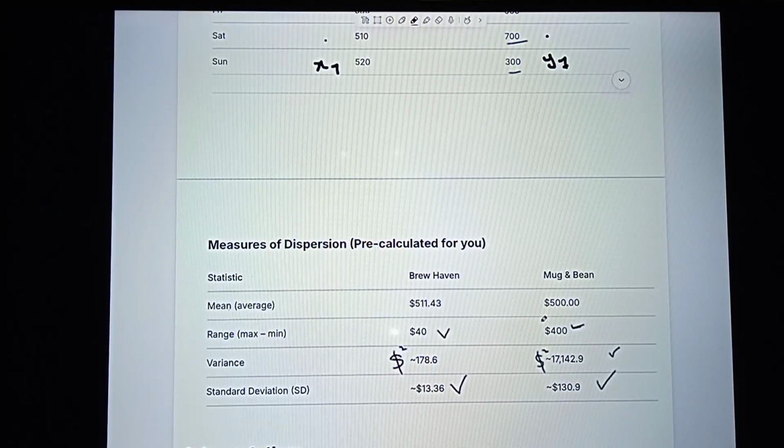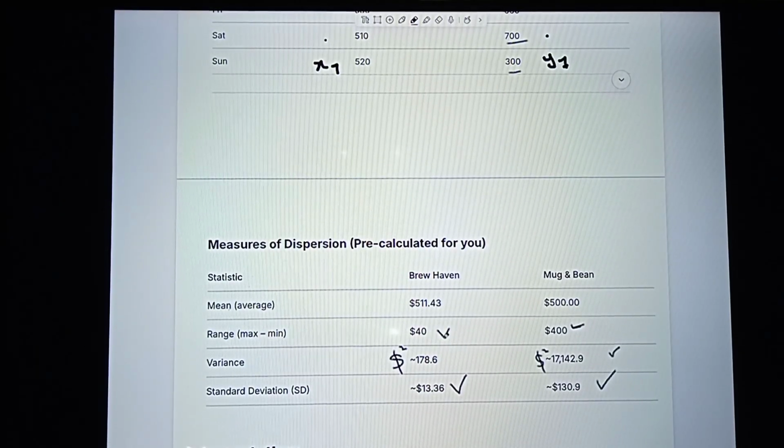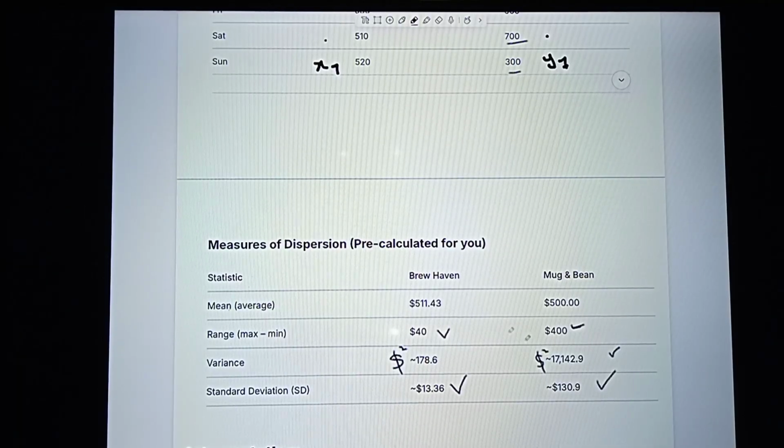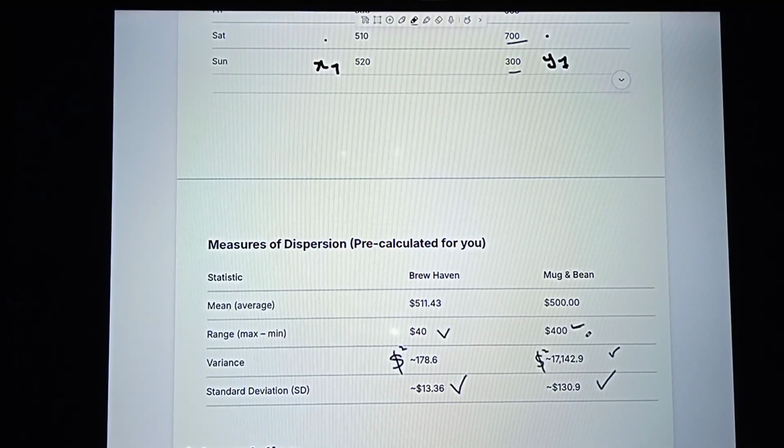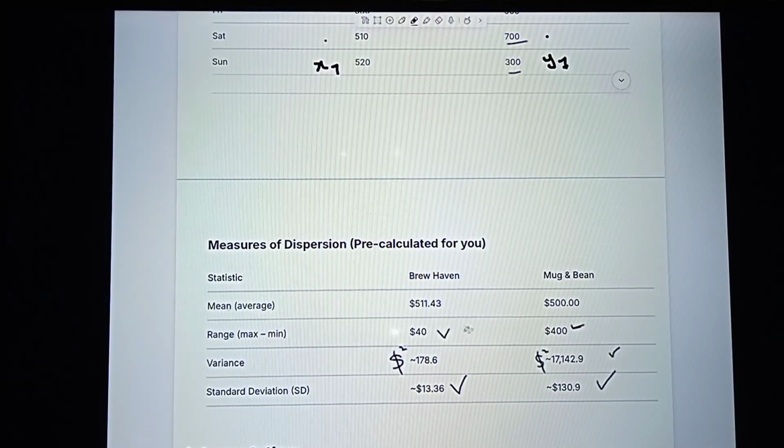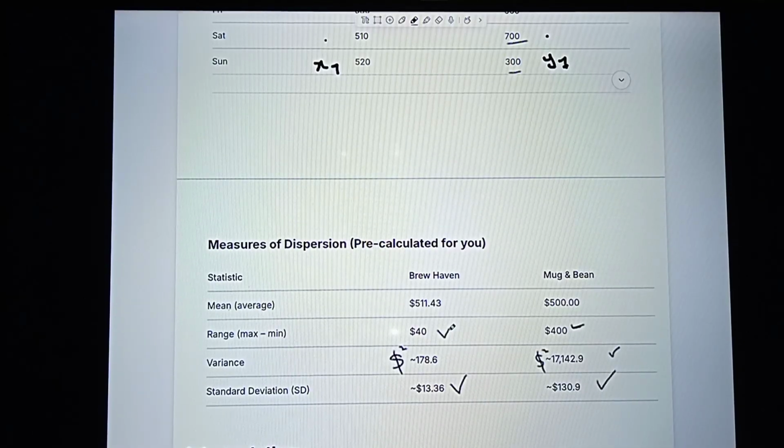This is a large range compared to the range for Breve Haven, which is 40. A large range means sales are inconsistent and fluctuate widely. Breve Haven has a much smaller range, so its daily sales stay close to each other and are more consistent.